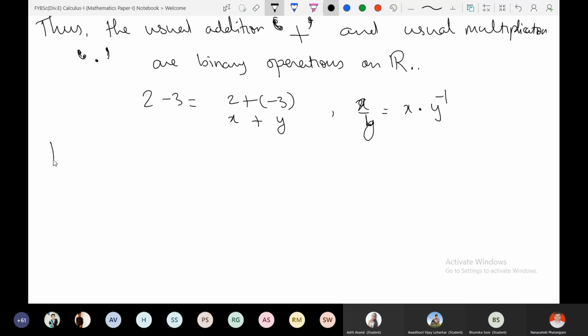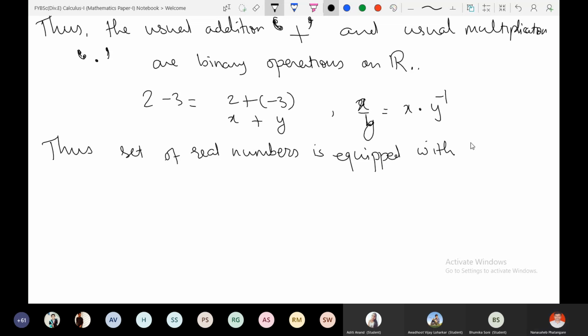Thus the set of real numbers is equipped with two binary operations, plus and dot, right? So the set of real numbers is now equipped.